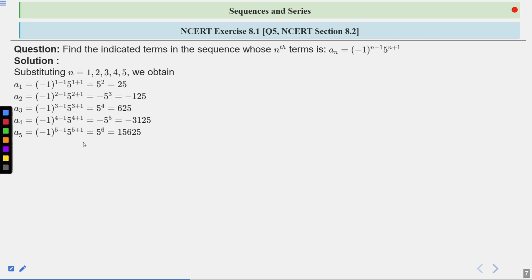Now for fifth, minus 1 raised to power 5 minus 1 times 5 raised to power 5 plus 1, which is 5 raised to power 6. If you solve this, you will get 15,625 as your fifth term.